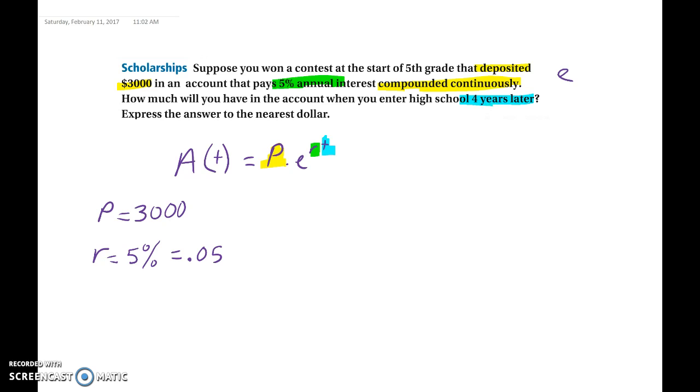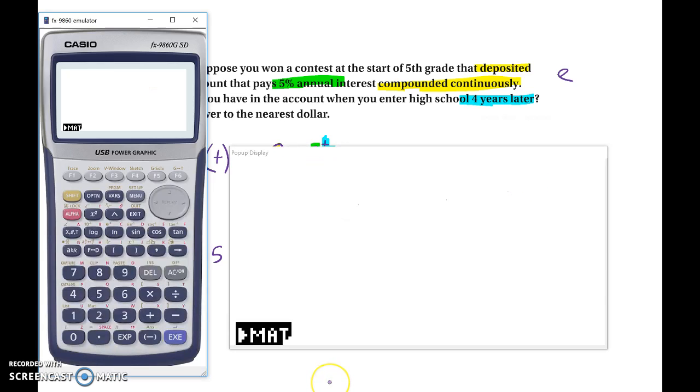So we know that our T is equal to 4. So our equation to find how much we have after 4 years will be 3,000 times e to the 0.05 times 4 power. Now we just need to go ahead and plug this into a calculator.